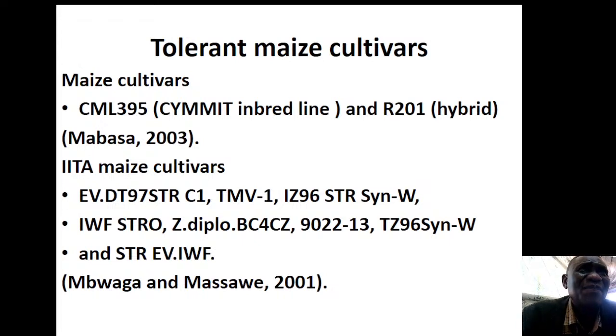What about maize? Tolerant maize cultivars. Now, after screening quite a number of maize genotypes, it appeared that CML395, which is a CIMMYT inbred line, was showing some resistance, or they were actually tolerant to Striga.